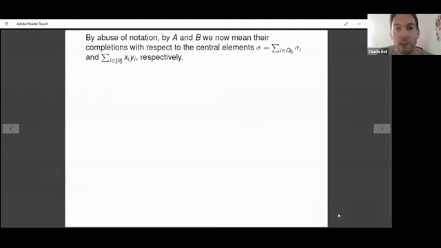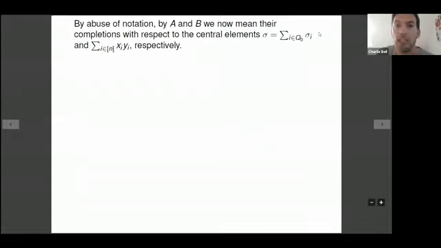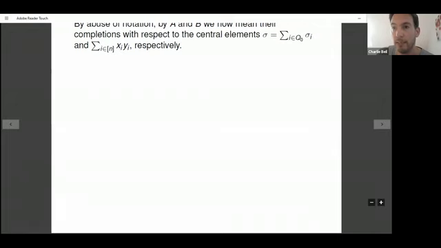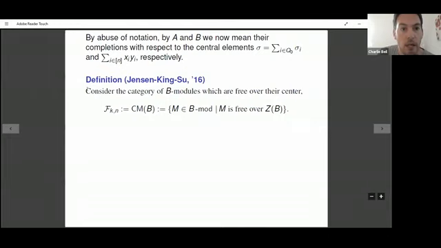And finally, by abuse of notation, by A and B we now mean their completions with respect to the central element of sigma and this sum of the xi yi's, respectively. Now Jensen, King, and Su introduced this category of Cohen-Macaulay modules.